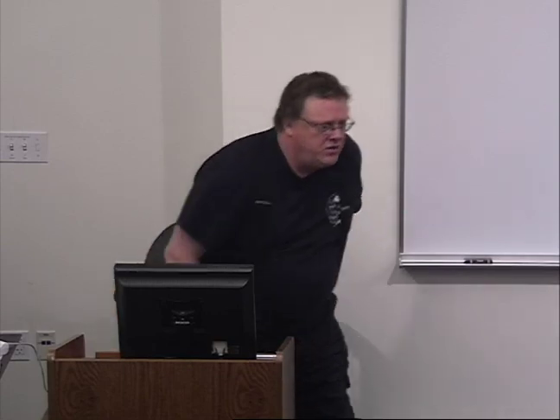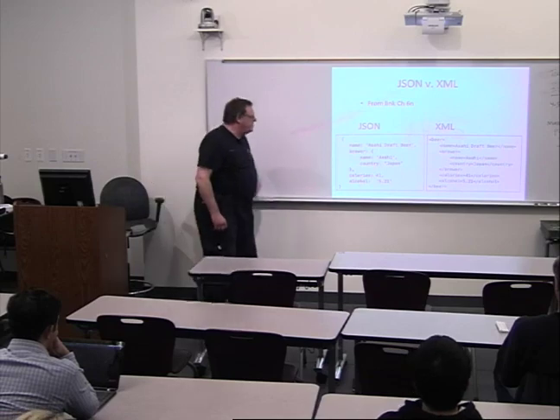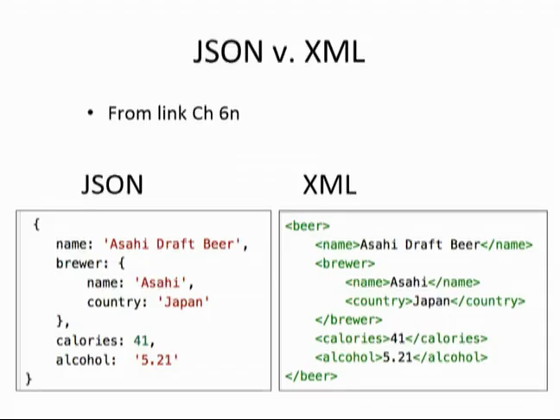And then there's two common ways to store data, JSON and XML. JSON stores them as a JavaScript object. This is just the format for a JavaScript object where you have these braces around it, and then you have a name, and then you have a brewer, which is a container that contains 2 parameters, and then you have a couple more parameters down here. That's how you can have a tree-structured group of data put together in JSON, and it could just as well be in XML, where beer and name and brewer then has another name.